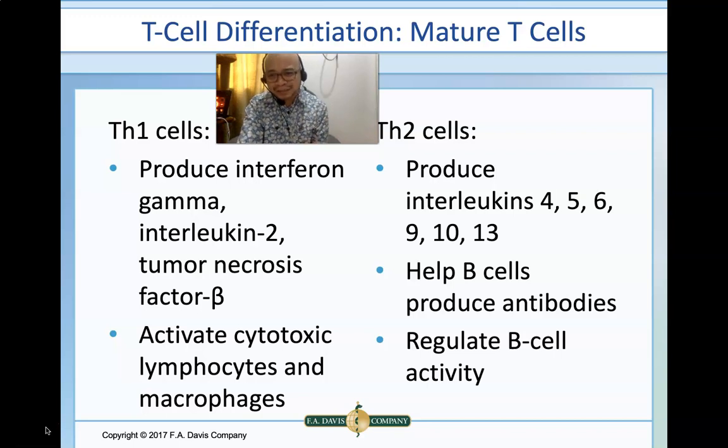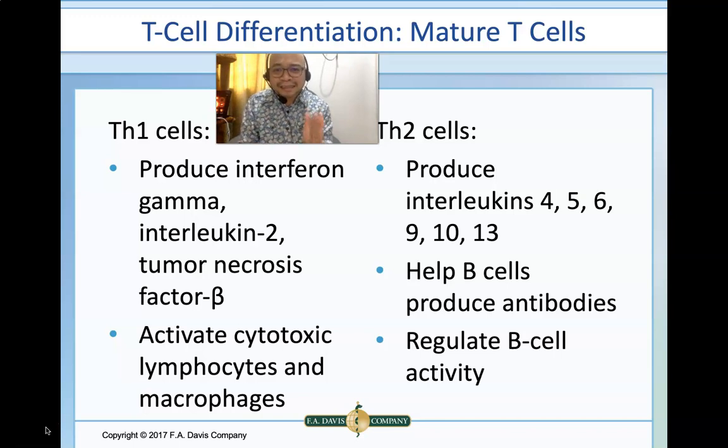Th1 cells also produce interleukin-2 and tumor necrosis factor beta. Th1 cells have the ability to activate cytotoxic lymphocytes and macrophages. So most likely, Th1 cells would be involved in cell-mediated immunity.